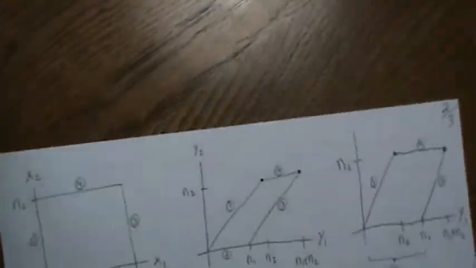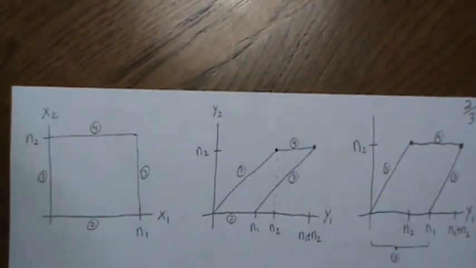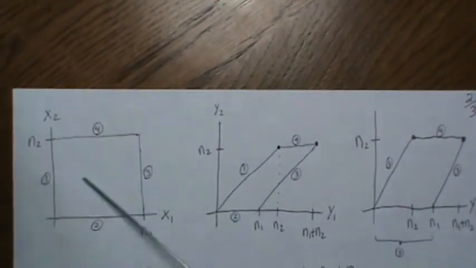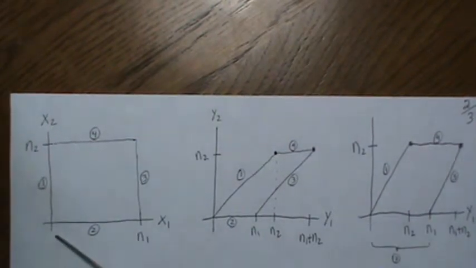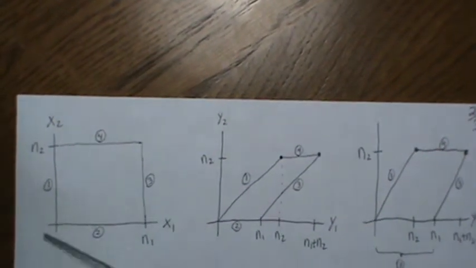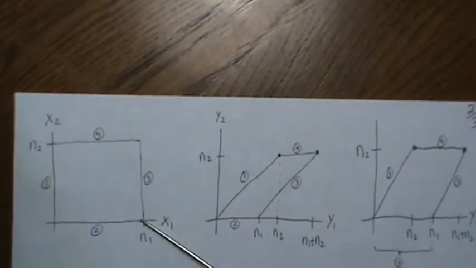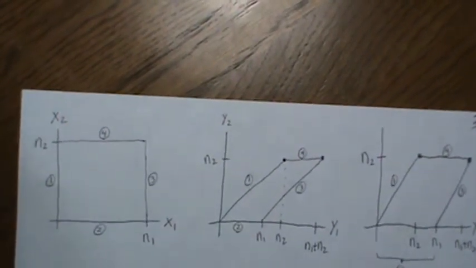So this is it. This is finished, but this can be simplified just a little bit in what we'll do here. Okay. Now to do this, I like to draw pictures or illustrations of what's going on. And so here is the original. We have X1 and X2, and they're independent. X1 goes from 0 to n1, and X2 goes from 0 to n2. Now they are discrete, so we're talking about points, but I draw it like a continuous region.